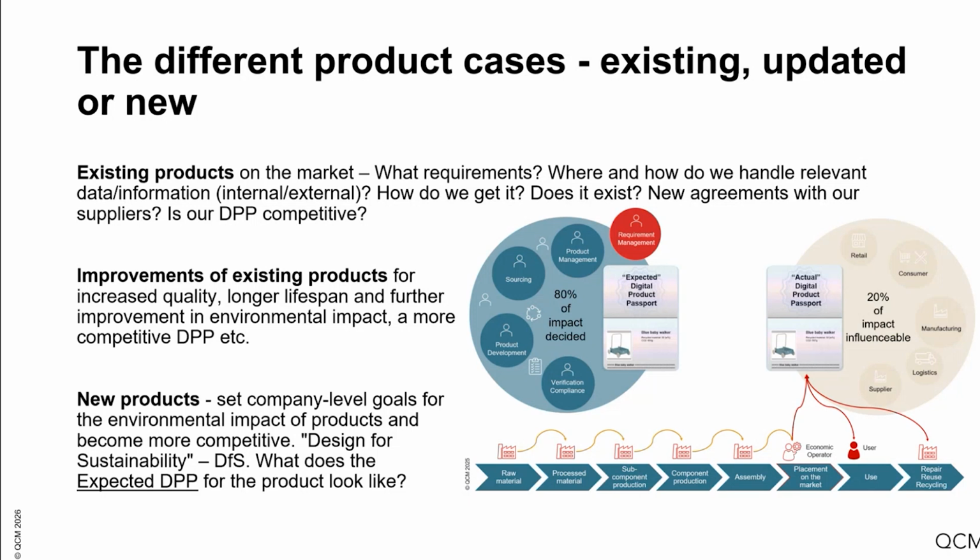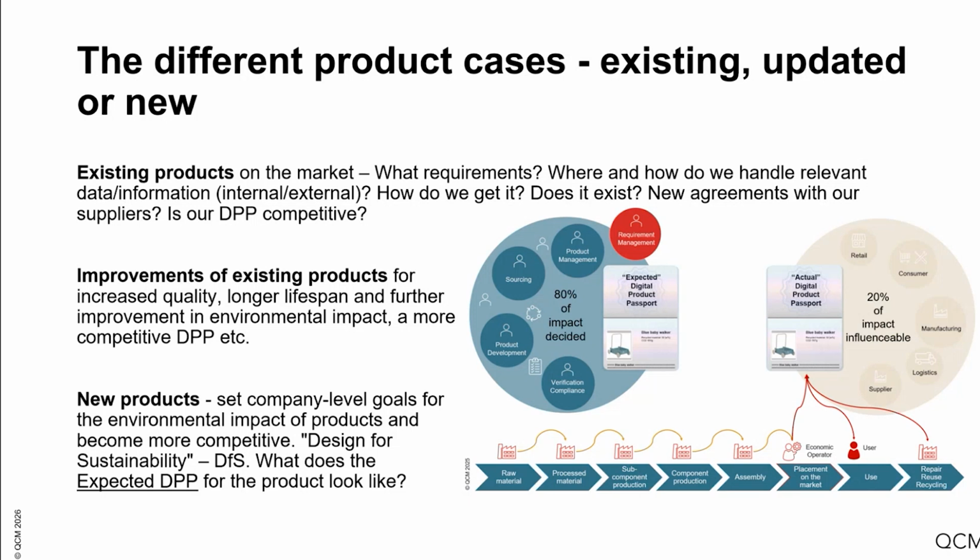But looking into improving and especially new products, then you should really start to look into what we want to present already at the design phase. So you can set your targets. You need to know what kind of business model you design for.